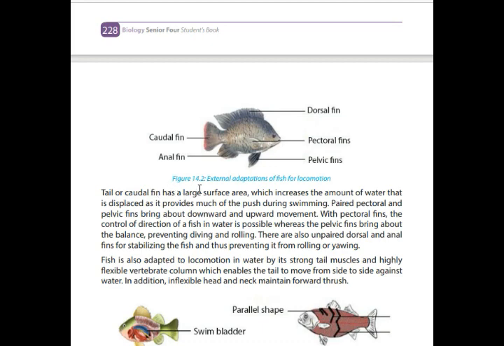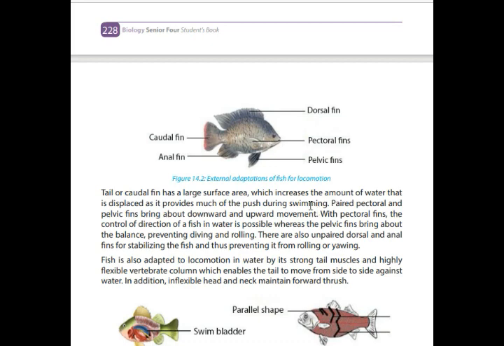With pectoral fins, control of direction of the fish in water is possible, whereas the pelvic fins bring about the balance, preventing diving and rolling. Yes, you see the role of the pelvic fins. It's to bring about the balance and prevent diving and rolling.